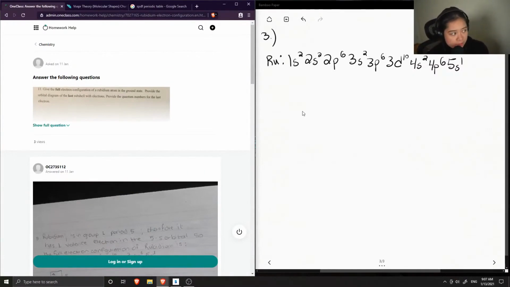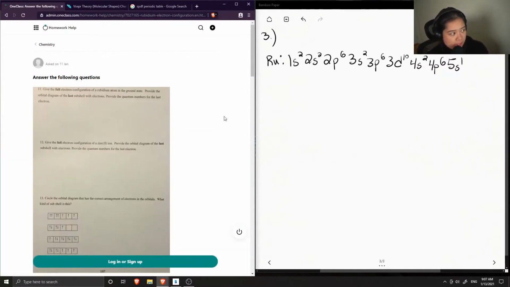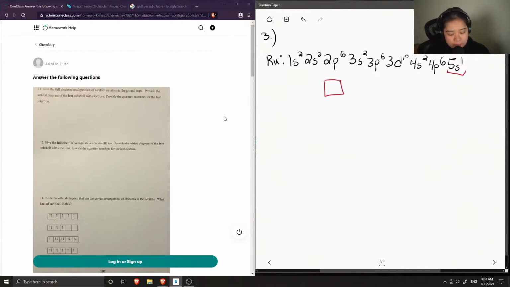So the second part of the question says to provide the orbital diagram of only the last subshell with electrons. So our last subshell is the 5s subshell. So let's write our orbital diagram box, and I'll label this as the 5s subshell.